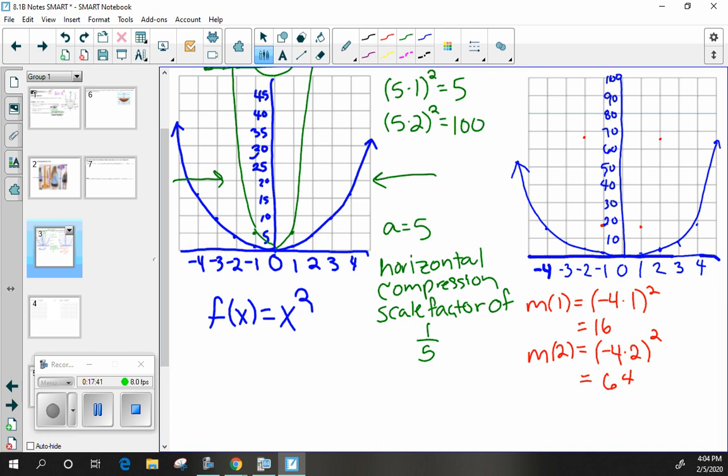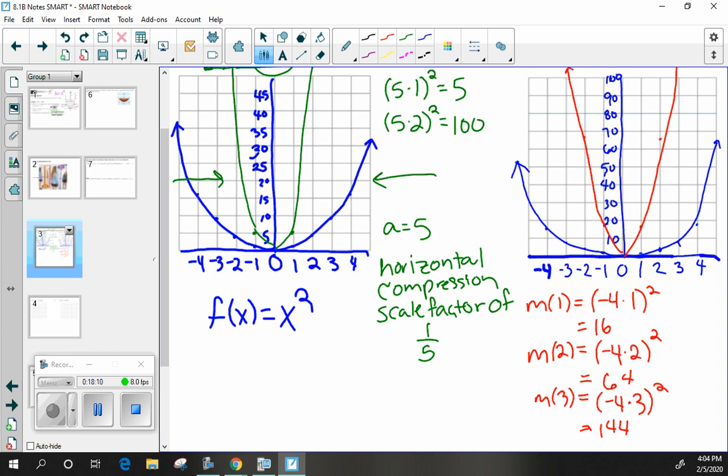And then if we plug in that 3 for x, we would get negative 4 times 3 squared equals 144, and that is off of our graph, so we know that this is going to kind of go way up like that, right? Oh my goodness, I'm so sorry. Way up like that.